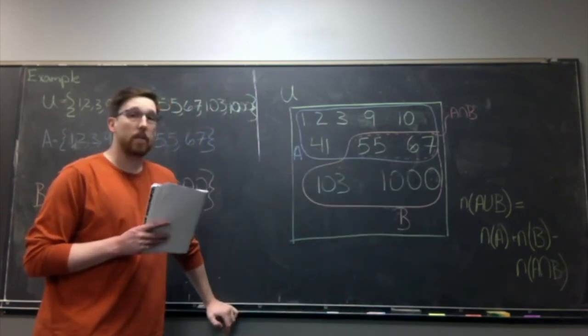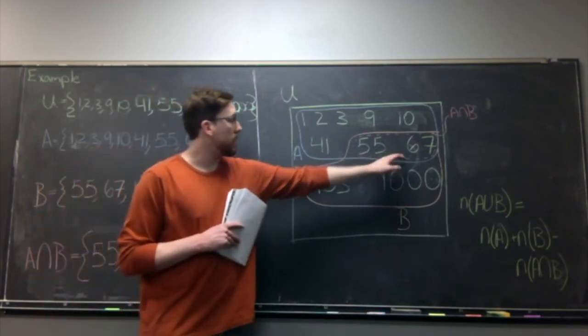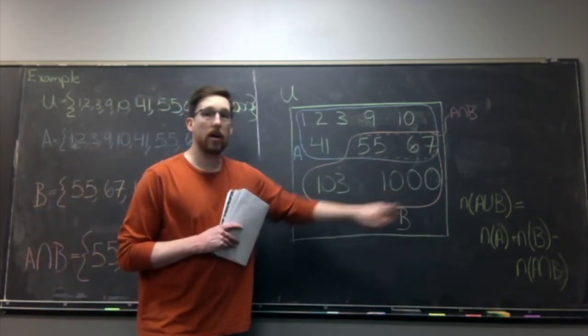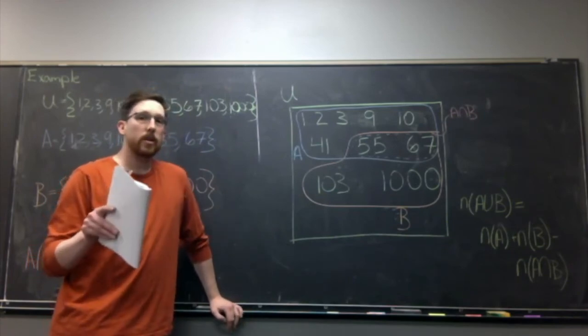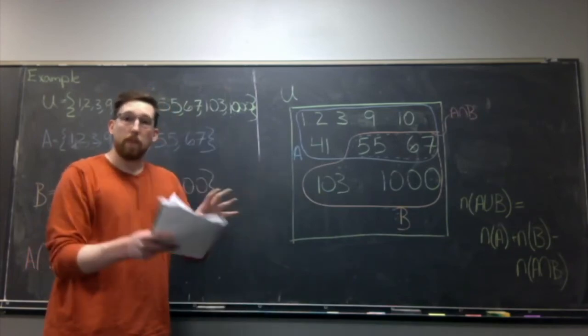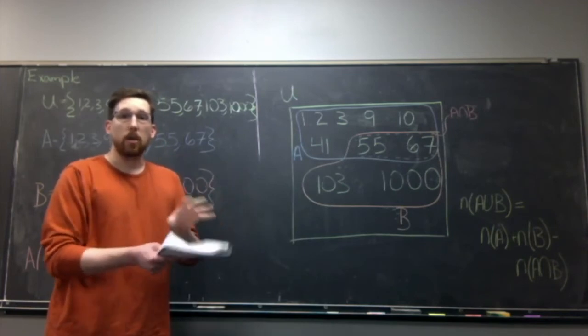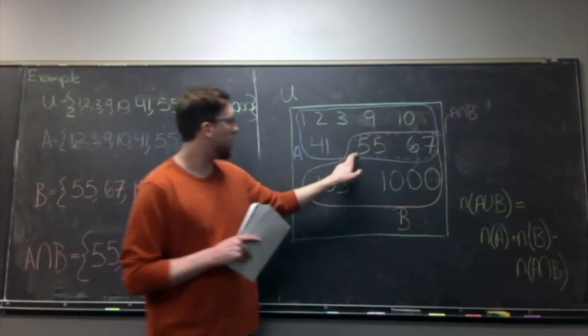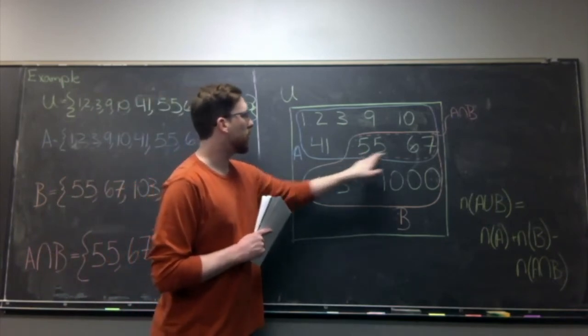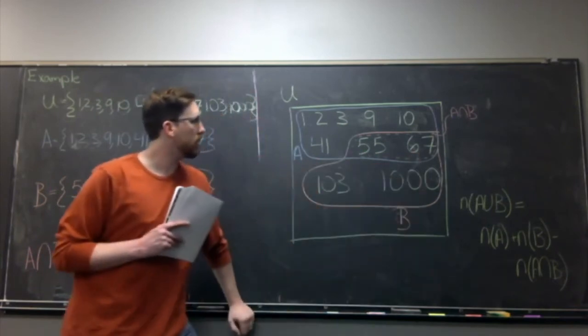And we've got our set B with elements 55, 67, 103, and 1,000. Notice what both of these structures, these bubbles, enclose, that is our intersection, right? And those elements are going to be 55, 67.